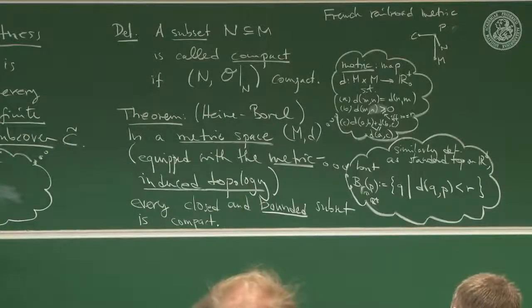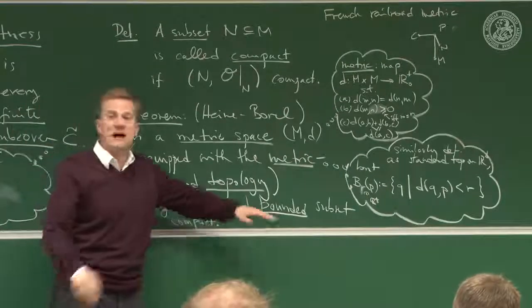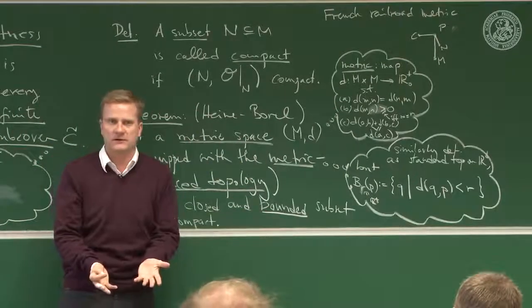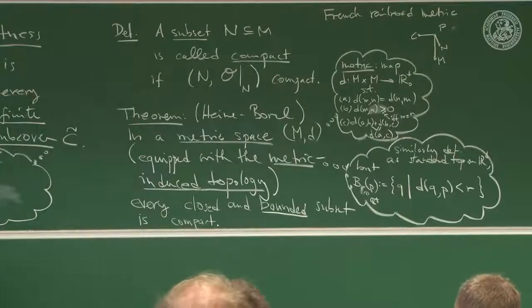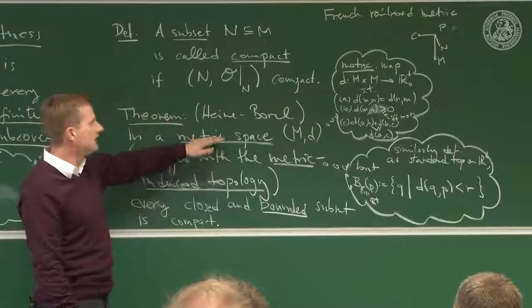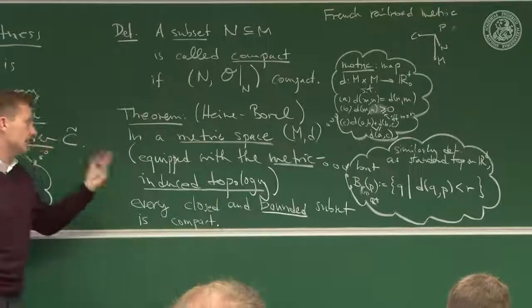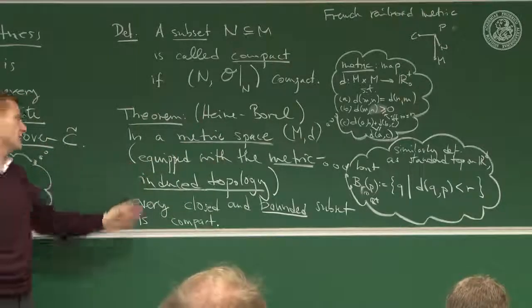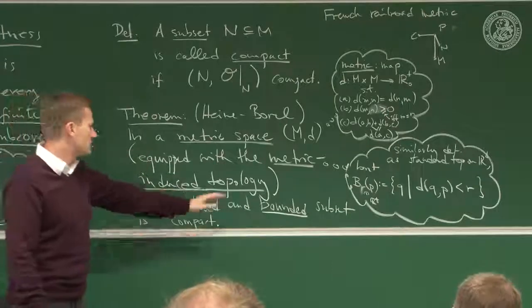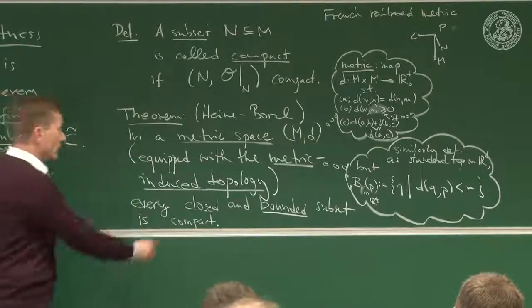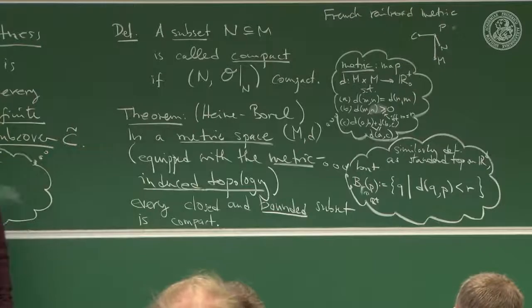If that's a finite number, then the set is bounded. Very intuitive. So after all these definitions have been made, the important thing is Heine-Borel says in a metric space, or a space that can be equipped with a metric, and then you find the induced topology, every closed and bounded subset is compact, with respect to that induced topology, of course.